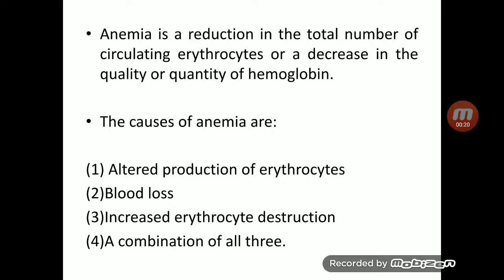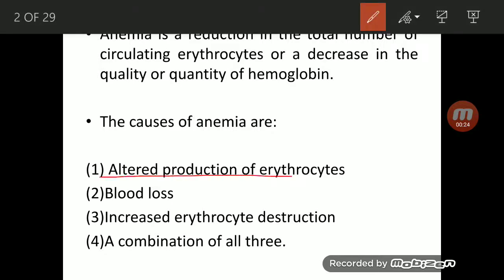And the causes of anemia can either be altered production of erythrocytes. Normally when we talk about production of erythrocytes, in case of anemia there is actually reduced production of erythrocytes. Second, blood loss. Why will blood loss lead to anemia? Because whenever there is loss of blood, there is going to be loss of RBC as well, so that can lead to anemia.